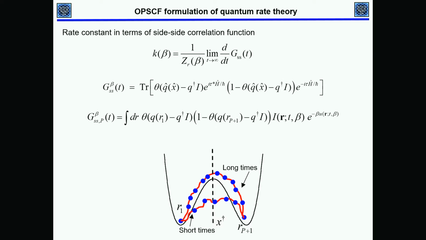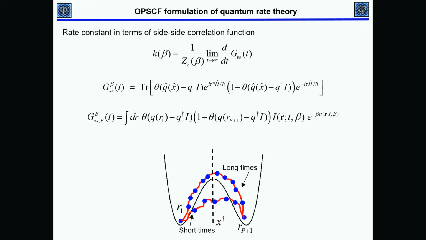Now, what's really interesting is that, for short times, what do we expect? Well, we expect that tunneling is going to dominate. That's a fast process. At short time, you can take the chain to have very few beads on it. So you have a short open chain, and a short open chain is not going to be able to go over the barrier very easily, so most of these chains are going to tunnel through.